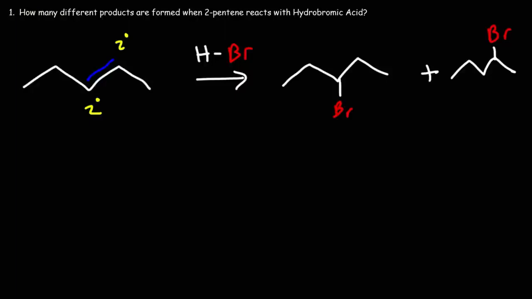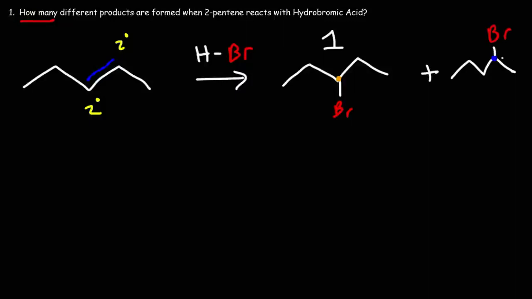Now, the goal of this problem is to determine the number of different products. So we need to take into account stereochemistry. This carbon atom is not chiral because we have two identical ethyl groups. So therefore, we only get one product of this type. Now, 2-bromopentane does contain a chiral center. This carbon has 4 different groups.